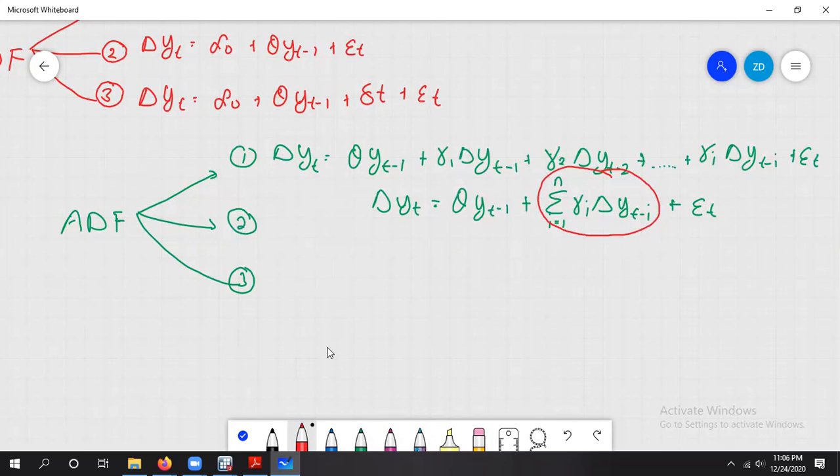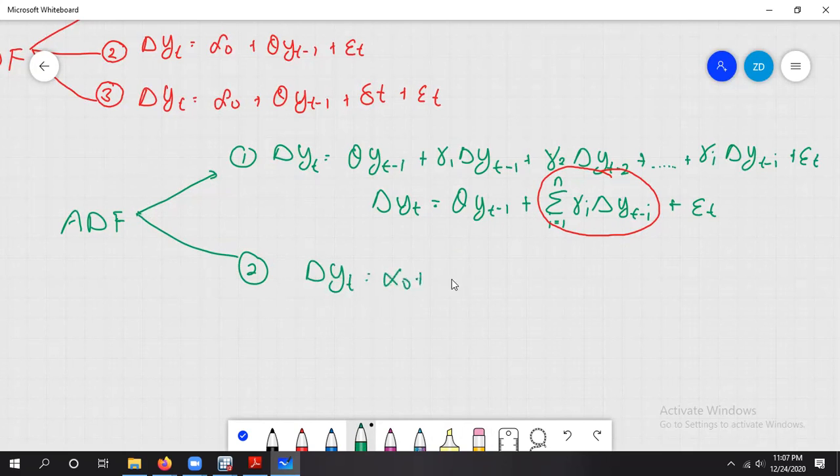So for the intercept, our model becomes something like this: yt equal to the intercept plus theta yt minus 1 plus the augmented terms plus et.